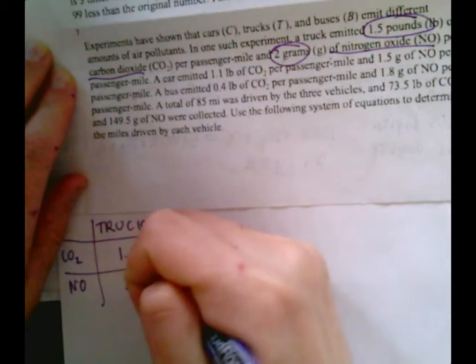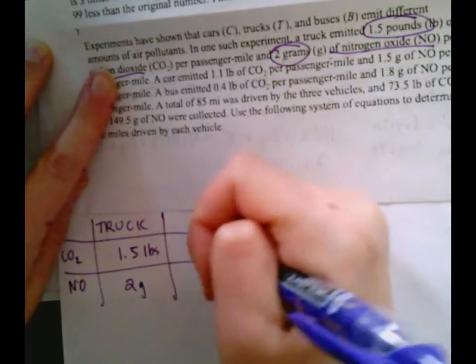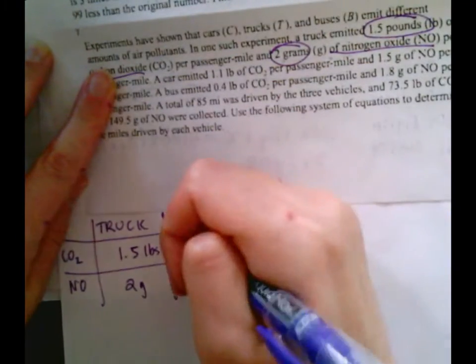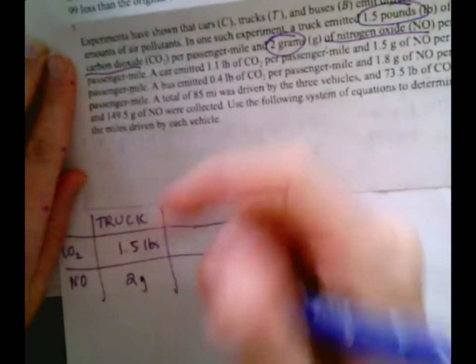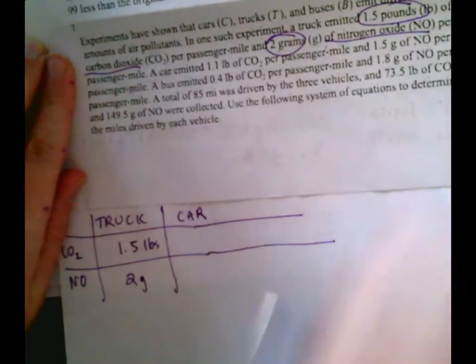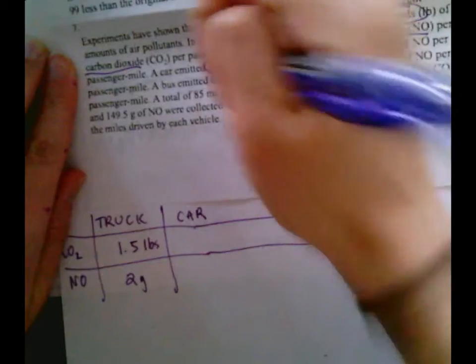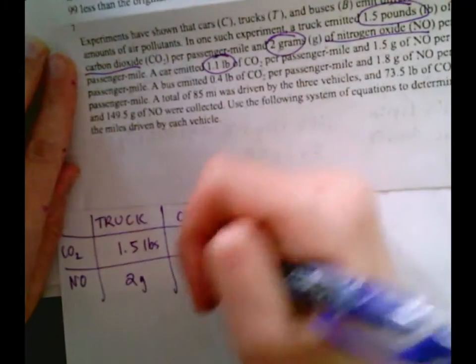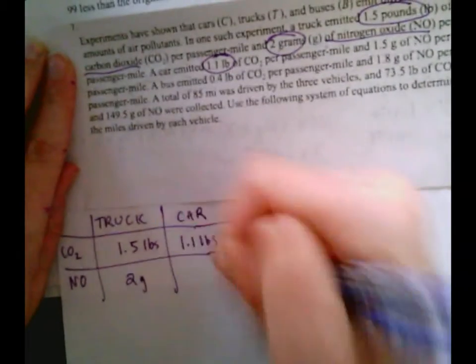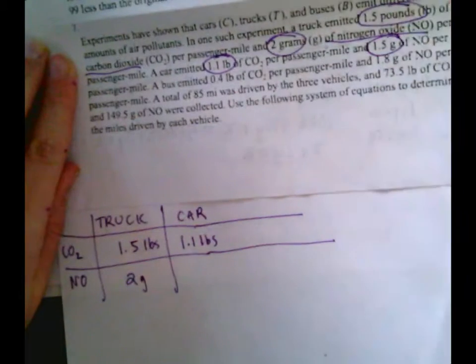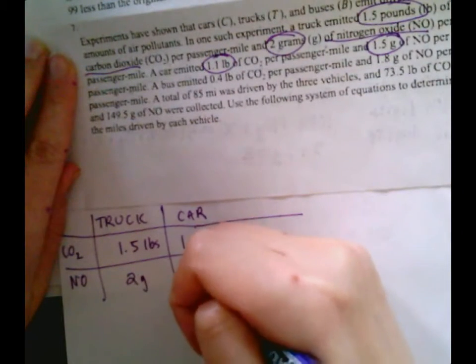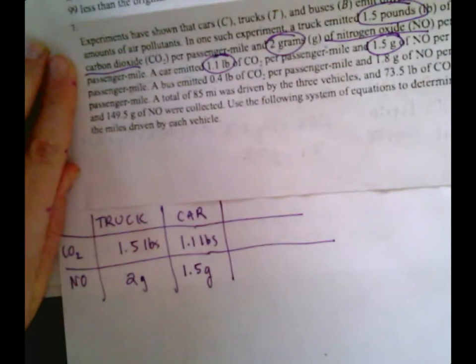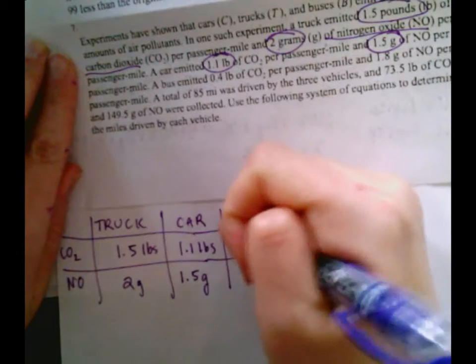And this is pounds. And then I could do the same thing for my other variables, which would be the next sentence talks about cars, so I'll do cars next. So it says a car emitted 1.1 pounds of CO2 and 1.5 grams of nitrogen oxide. And then we have the bus.